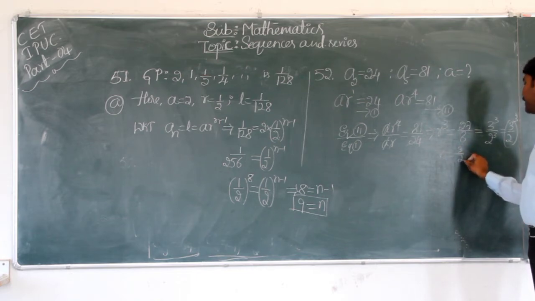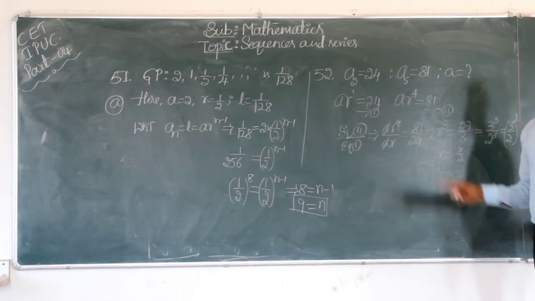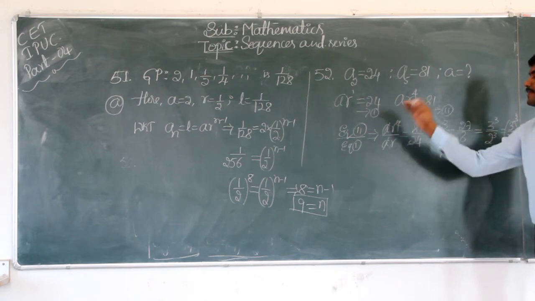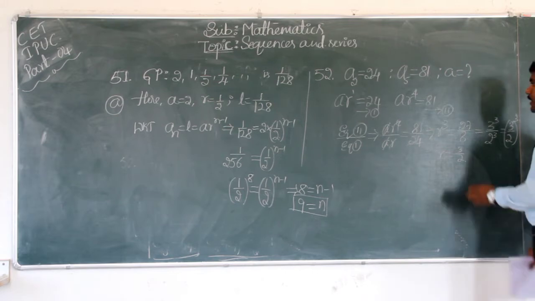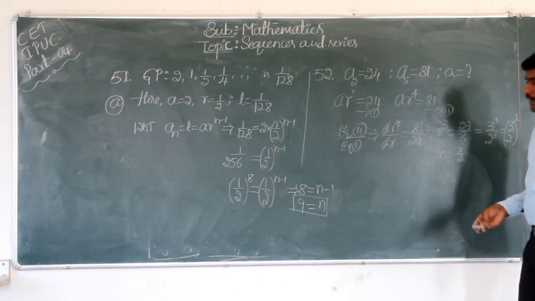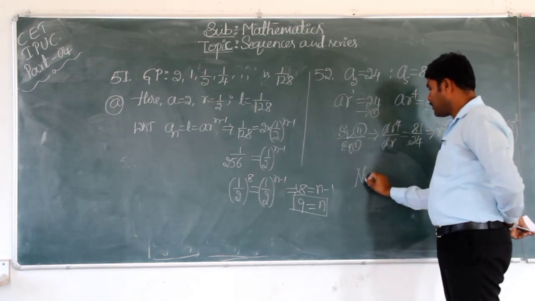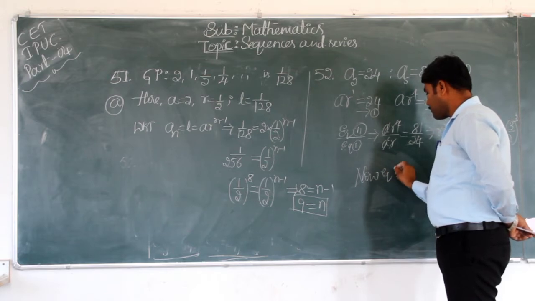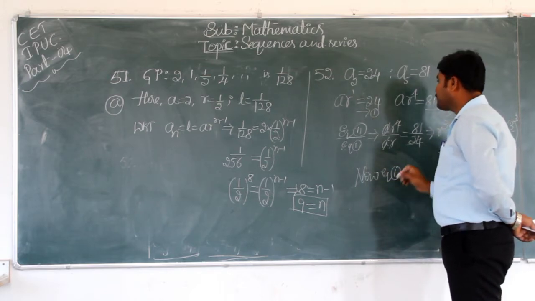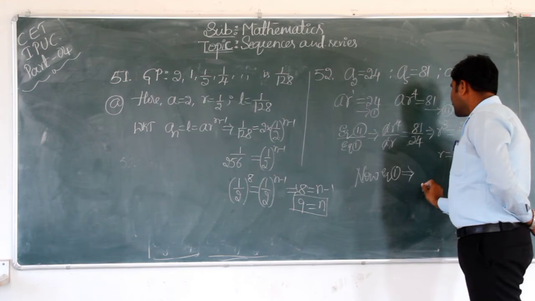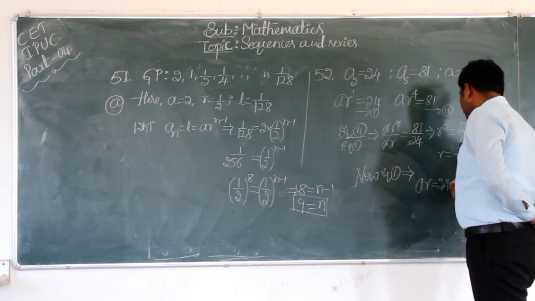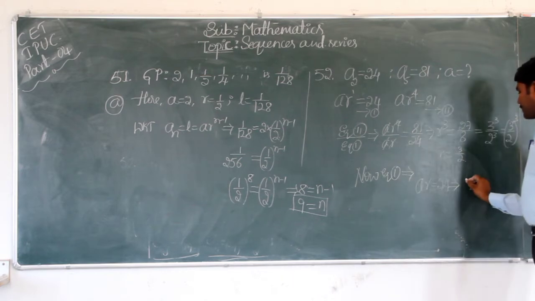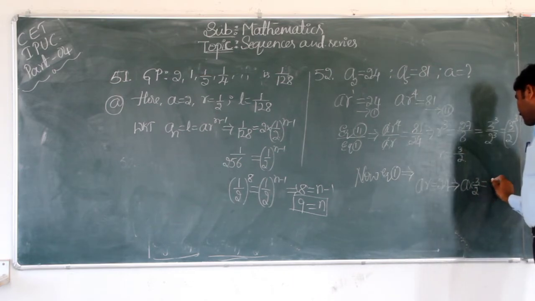Here we just have to find the first term. First term means A. Substitute the value of R in either of the equations. Equation 1 is A into R is equal to 24. R found, so A into 3 upon 2 is equal to 24.